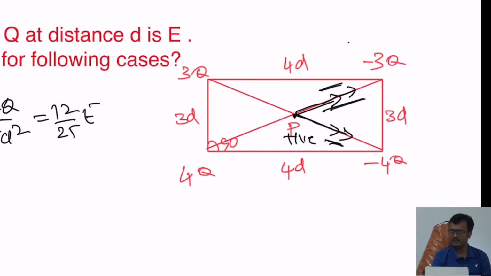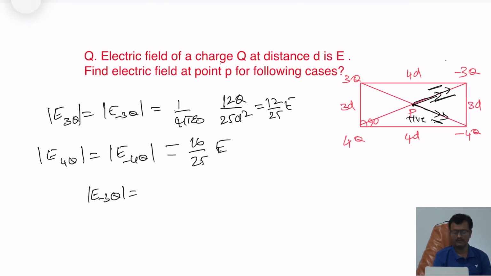These two vectors are in the same line, so their resultant is the sum of the magnitudes of the two vectors. First I calculate along this direction. The magnitude of E minus 3Q is 12 by 25 into E, and the magnitude of E 4Q is 16 by 25 into E. Both are in the same direction.